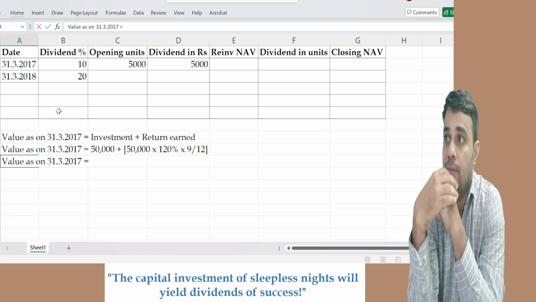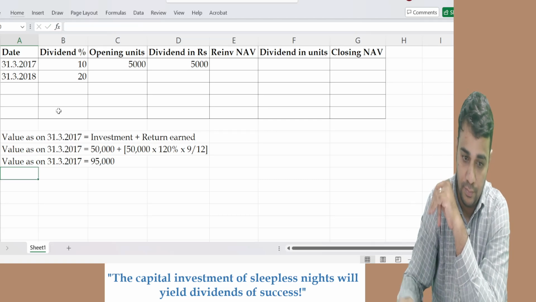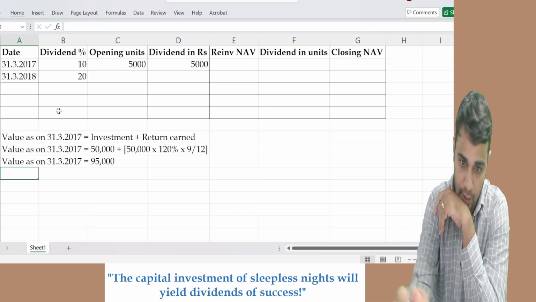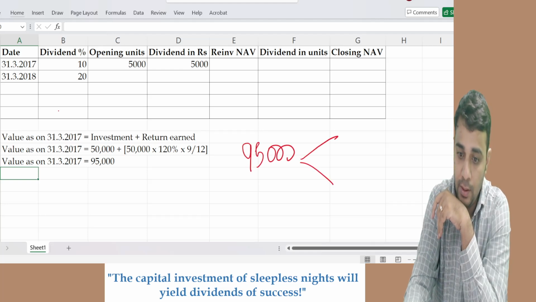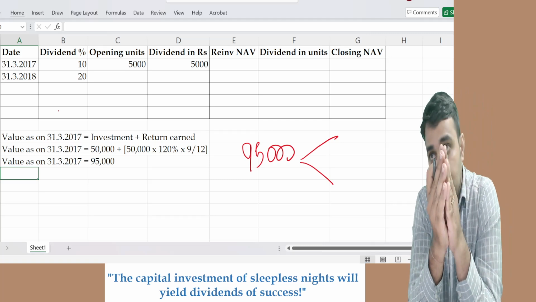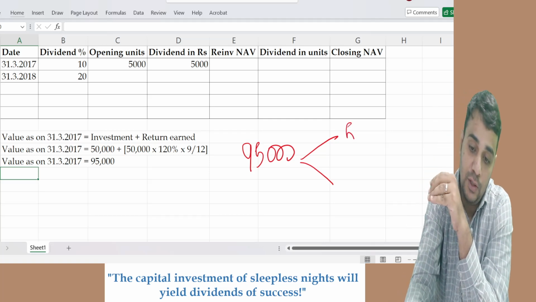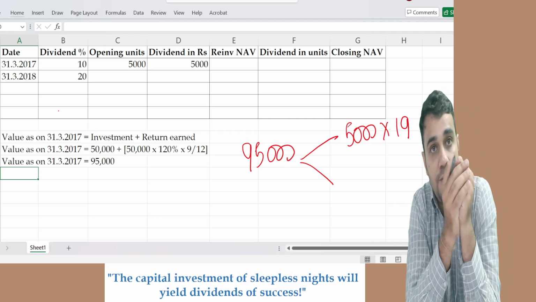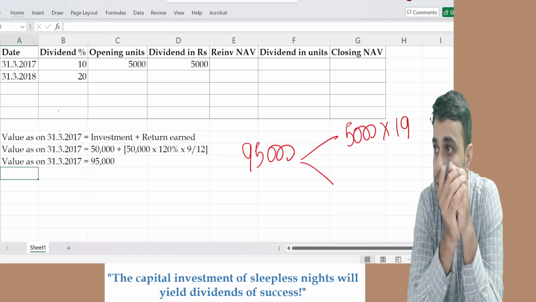What's the value you get? Now, this is for your understanding, a very important point. Before dividend is paid, it is 5,000 units into 19 rupees.